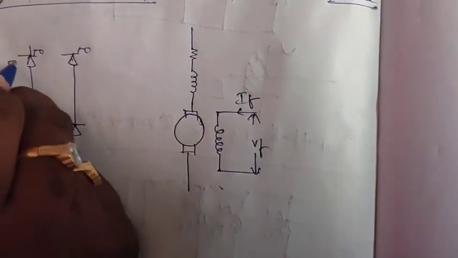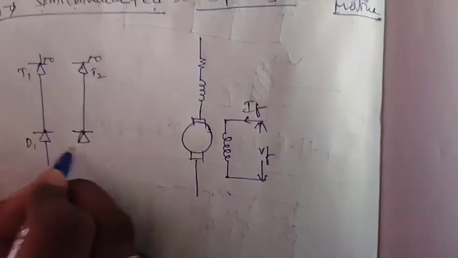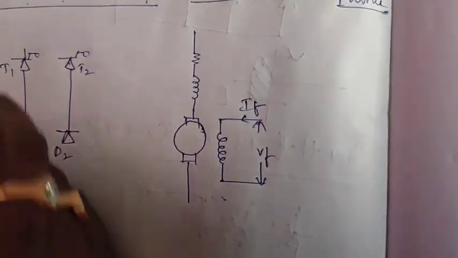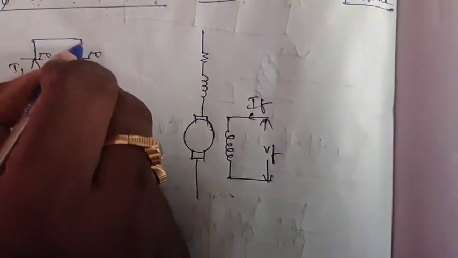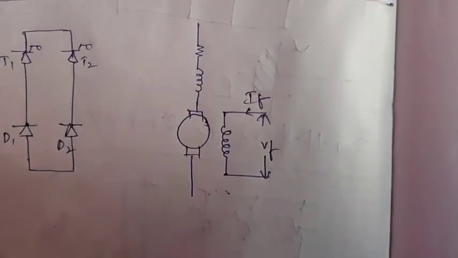This one is thyristor T1, this one is thyristor T2, this is diode D1 and diode D2. Semi means half.